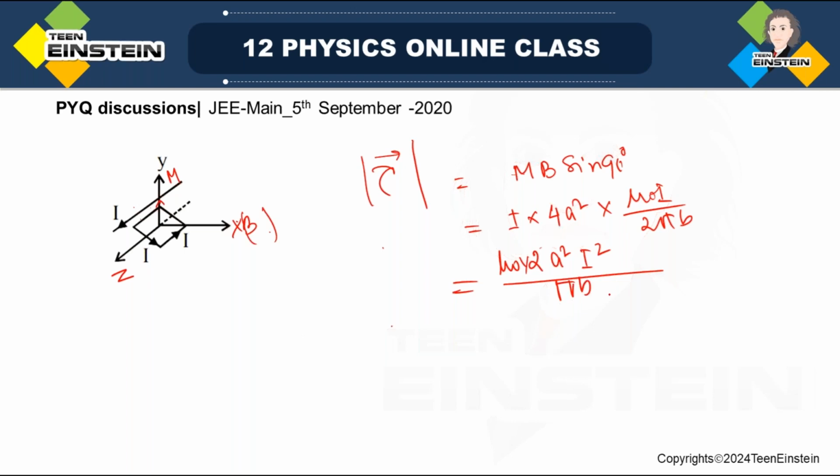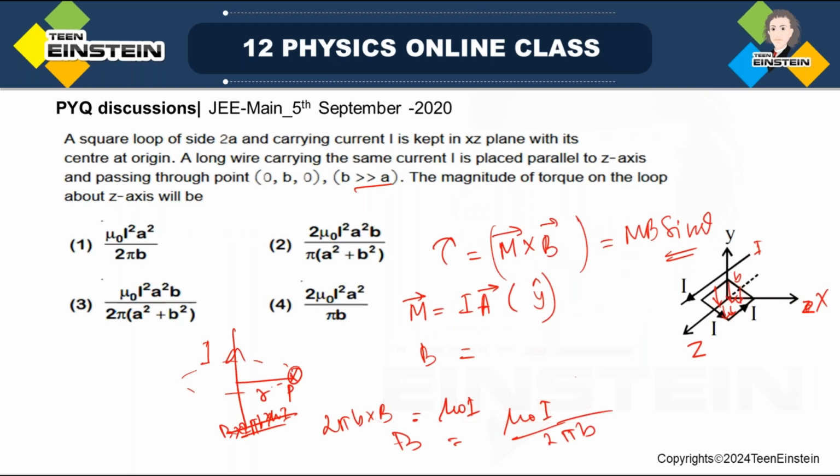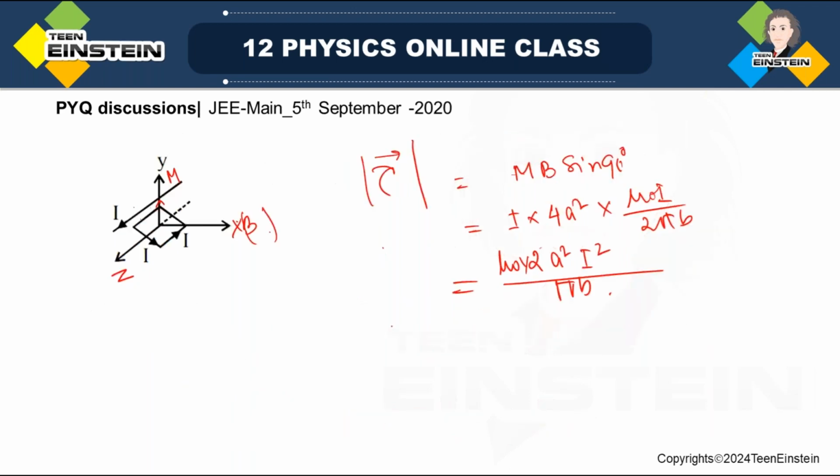I don't know what the options are. Yes, this is the option here: 2 mu 0 I square A square divided by pi b. So this is the torque, the magnitude of the torque on this loop about the Z axis.